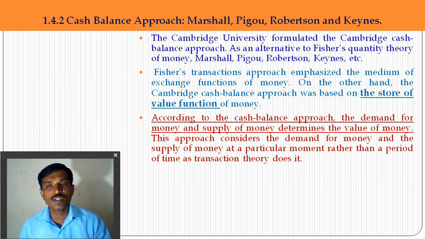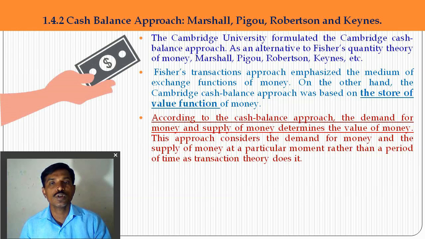These approaches consider the demand for money and the supply of money at a particular moment rather than over a period of time, as the transaction theory does. So there is no period of time transaction considered in the cash balance approach.